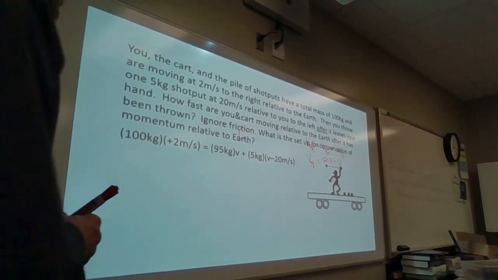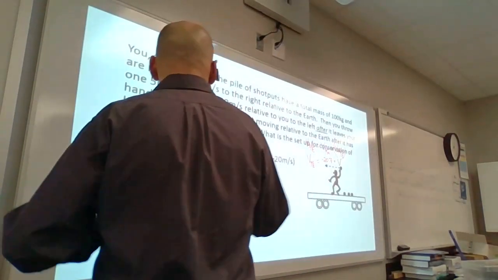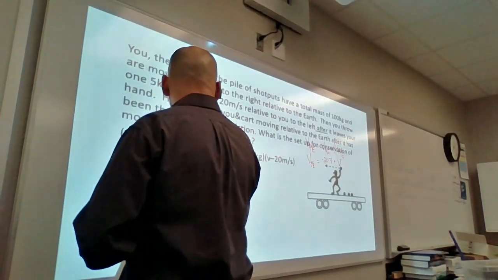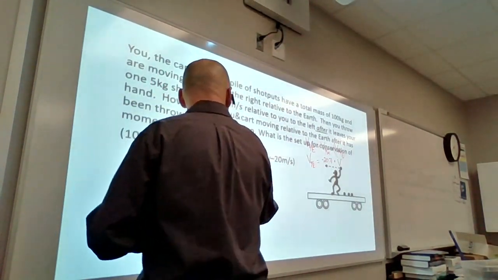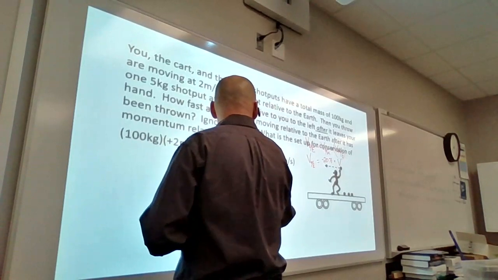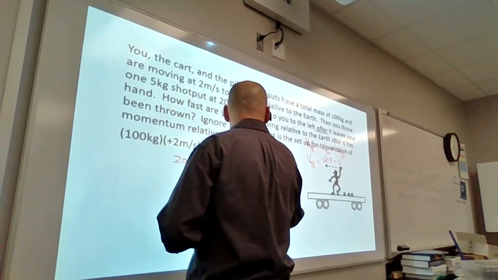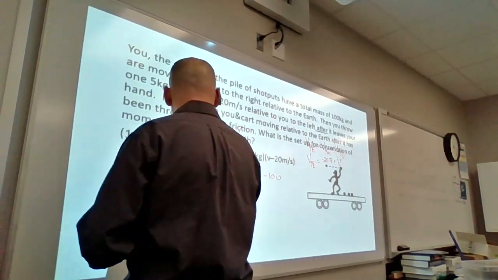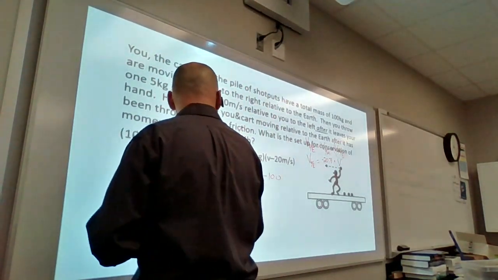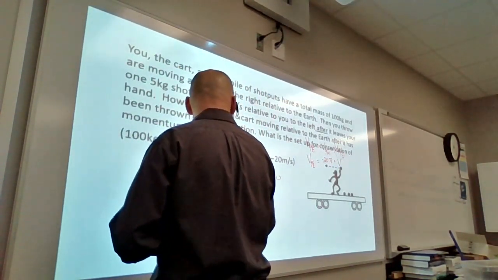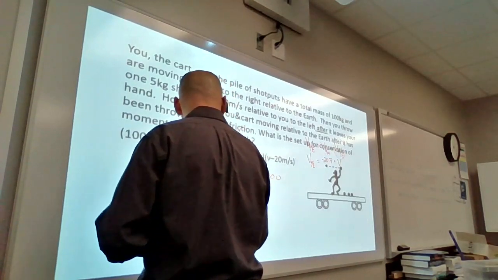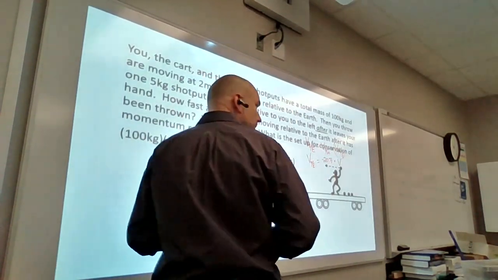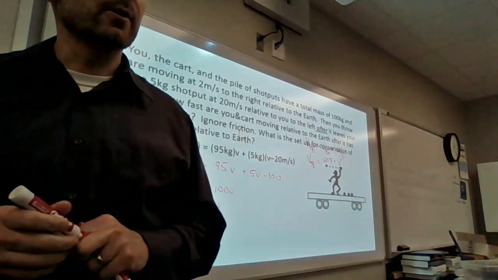Okay? And so here we can solve. So we have 295V plus 5V minus 100. So I got 300. Oh, so nice of me to make my life easier. This is great. 3 meters a second. Okay?